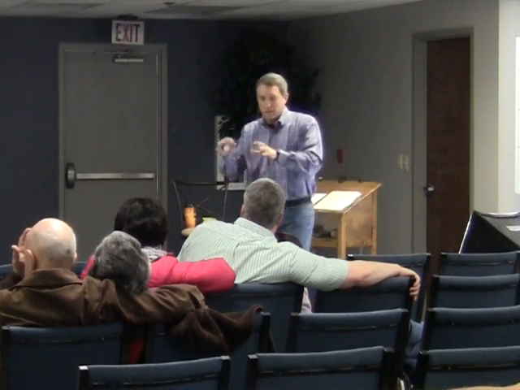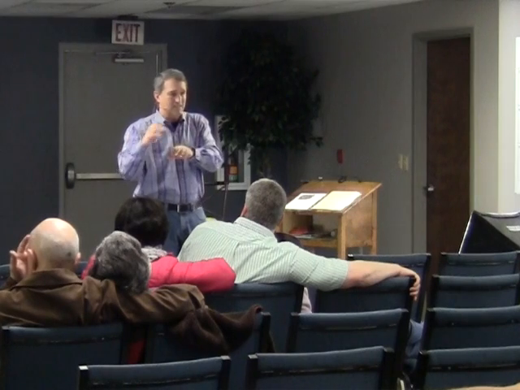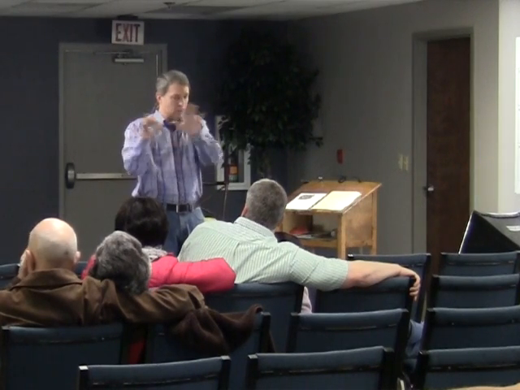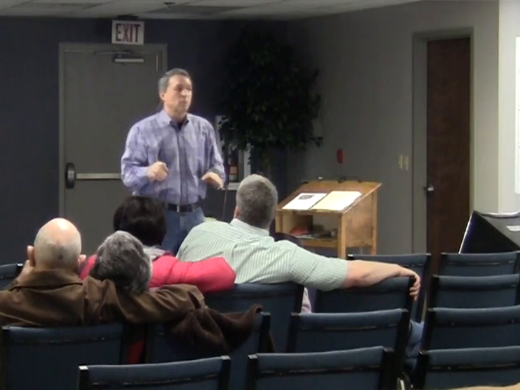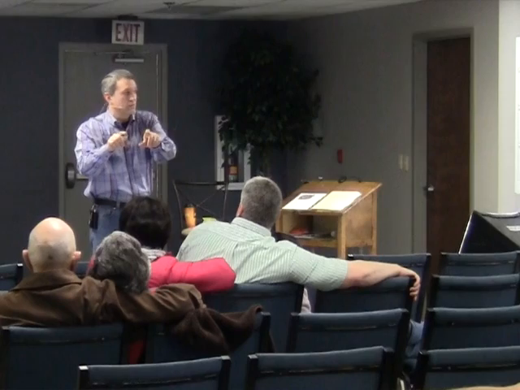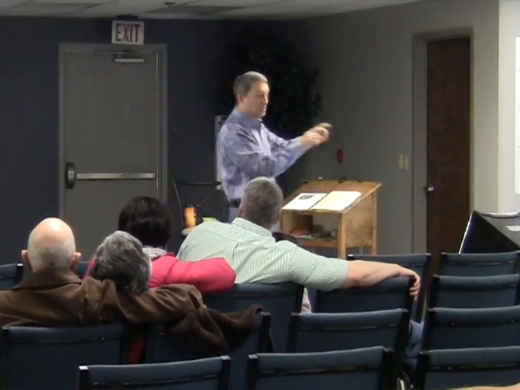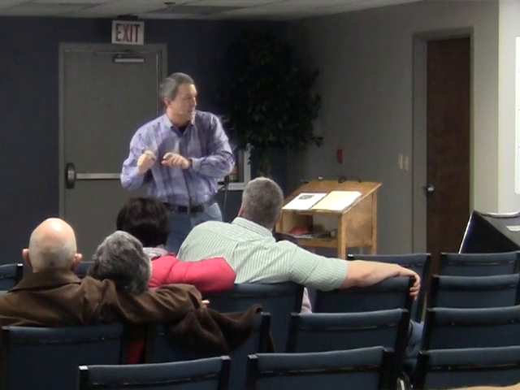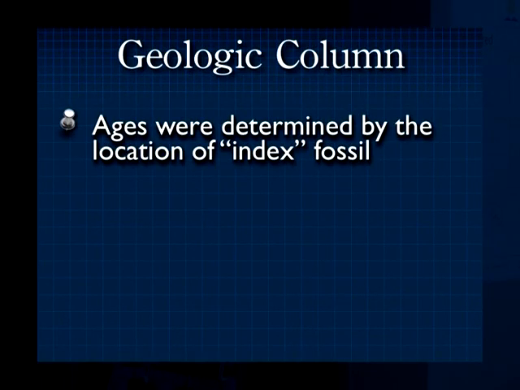Then I go to another place and I find the fossil of that same animal, but it's not in the Jurassic layer, or there is no Jurassic layer in that place. Never mind, not a problem. I'm going to say that it is still the Jurassic period because it is a Tyrannosaurus rex. And Tyrannosaurus rex has been associated with the Jurassic period, ergo, this must be the Jurassic period. So the fossil becomes the index for knowing what column I'm looking at.